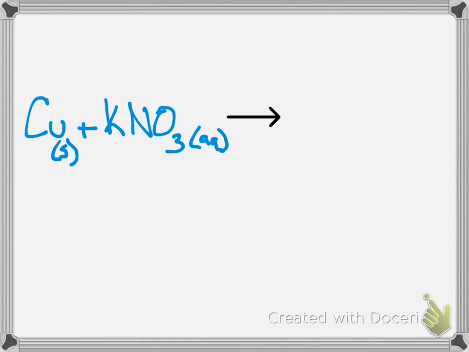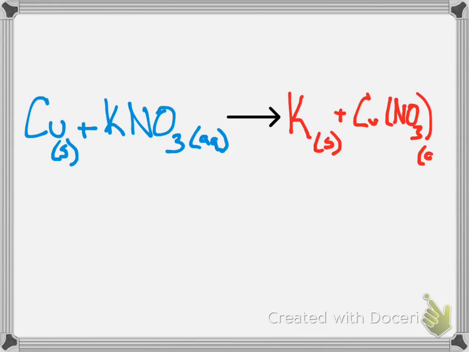I react these two things, and then on the other side, I get the potassium all by itself, plus copper nitrate. Now actually this reaction wouldn't occur because potassium likes to be with nitrate a little bit more than the copper does, but just for argument's sake. So copper 1 nitrate we'll say is formed. That now is aqueous.